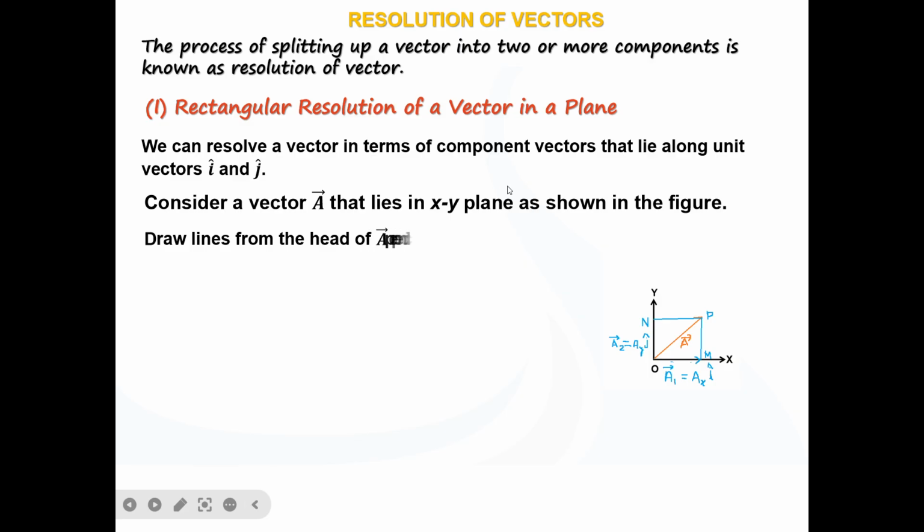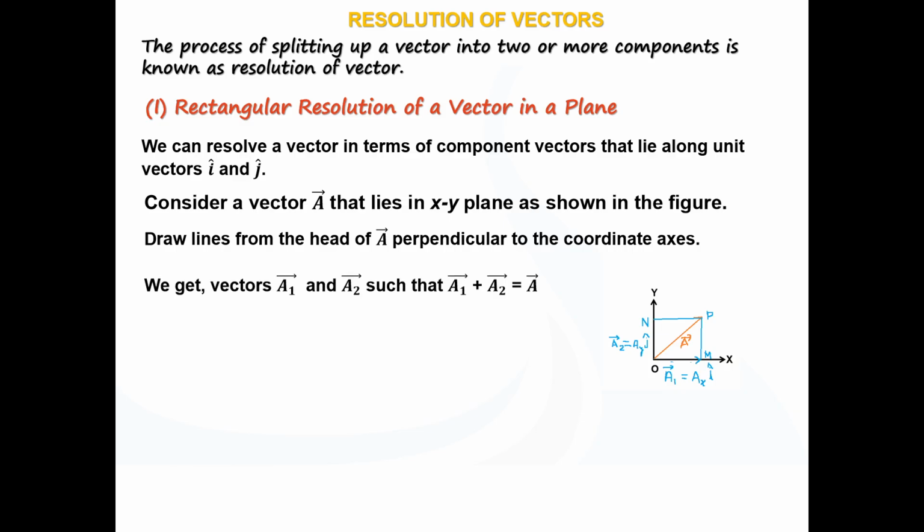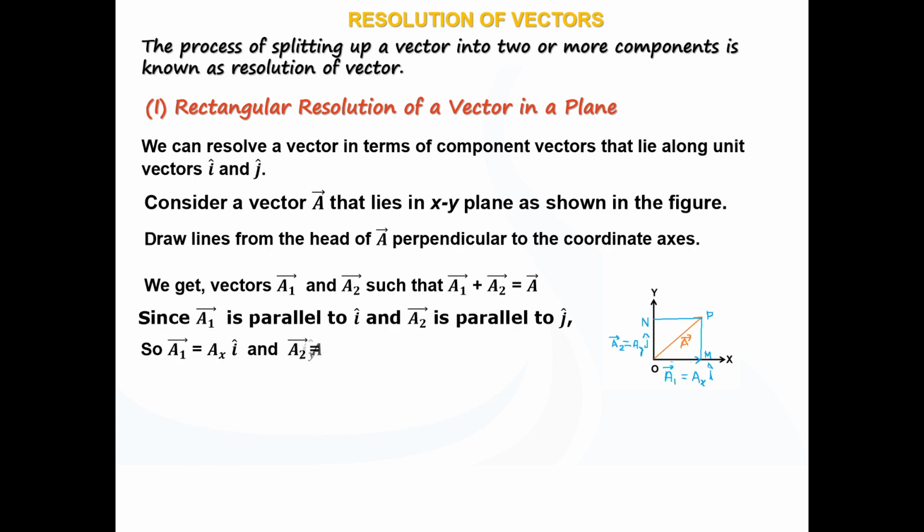Here, perpendicular from P to x-axis and y-axis is drawn, to get vectors A1 and A2 such that vector A1 plus vector A2 equals vector A. Since vector A1 is parallel to unit vector i cap and A2 is parallel to j cap, A1 equals Ax i cap and A2 equals Ay j cap, where Ax and Ay are real numbers and scalars.